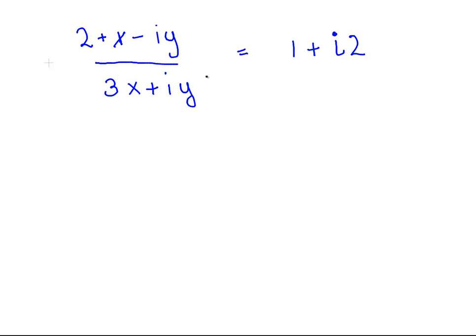Okay, so we're going to simply cross multiply, or multiply both sides by 3x plus iy.